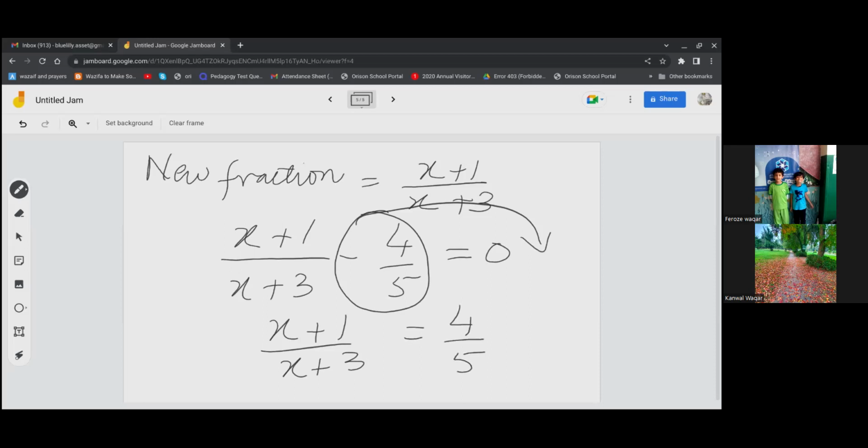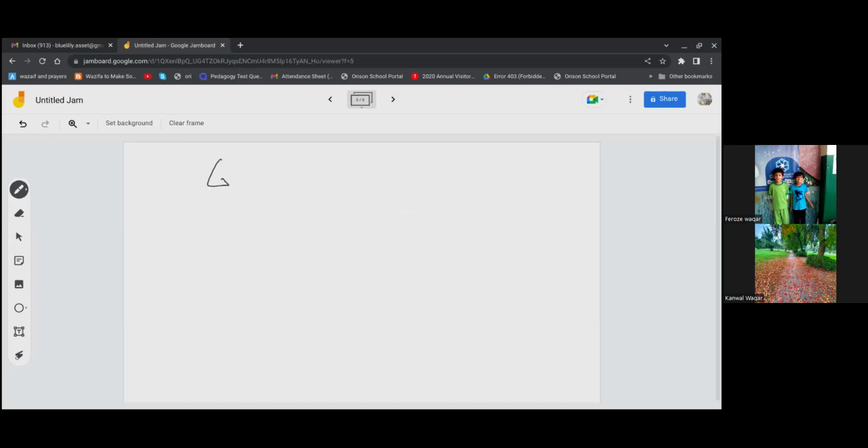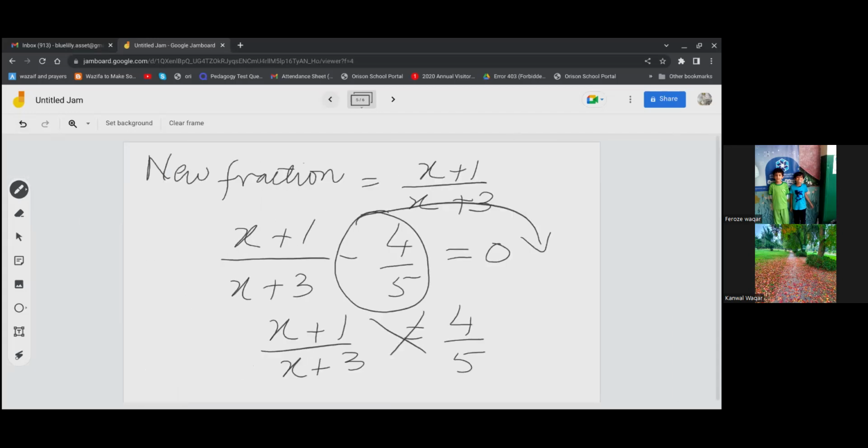Now do the cross multiplication. 4 multiplied by x plus 3 and 5 multiplied by x plus 1.